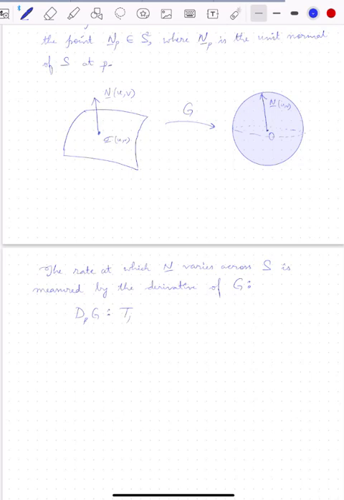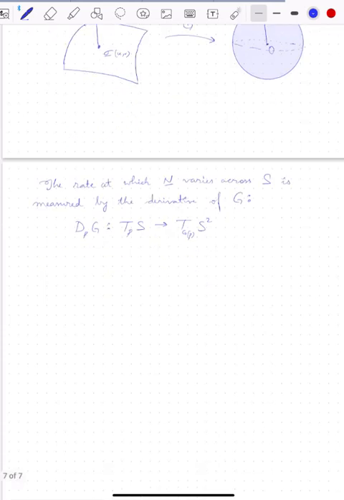This maps from the tangent plane of S at point P to the corresponding tangent plane to the normal in the S2 surface, right?